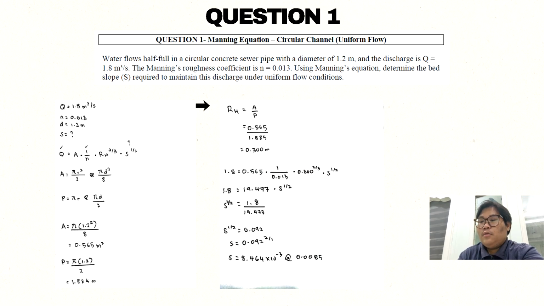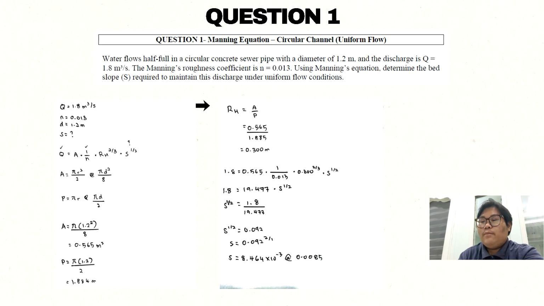After that, you have to find R_H, that is A over P. Insert the A and P, and you will get 0.300 meter.